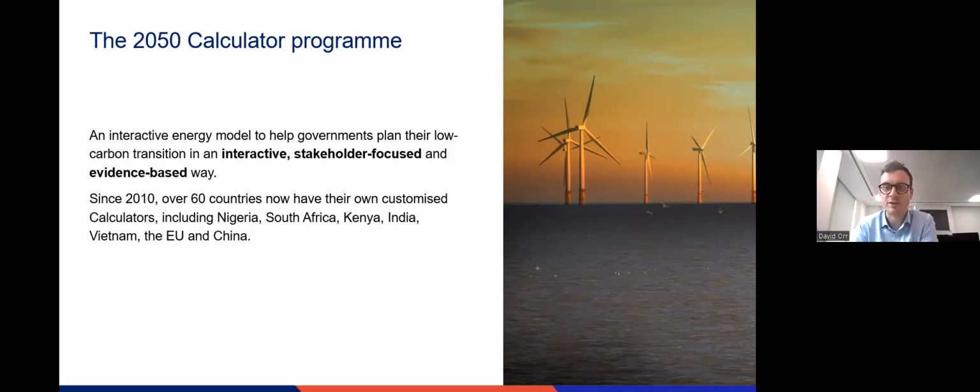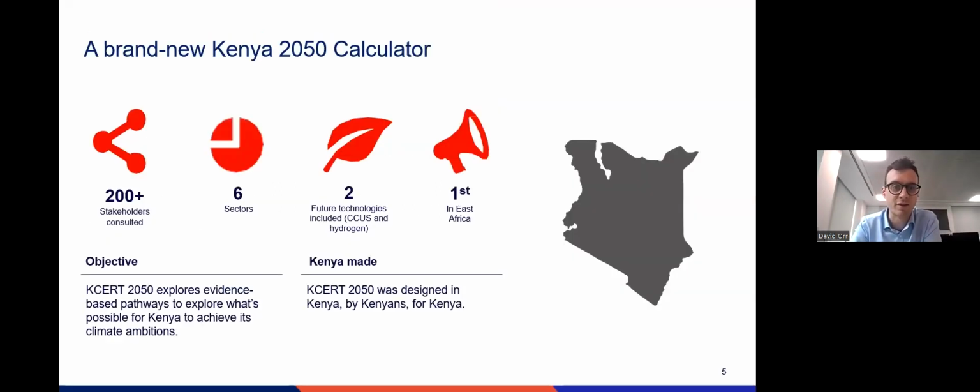And so if we just go briefly to the next slide, we can see what we developed in Kenya over the last couple of years. And I think it's really exciting to build upon what Peter mentioned there, that over 200 stakeholders were consulted. This ranged from energy transmission companies in Kenya to Kenya Airways to universities to NGOs. It was very, very broad. And part of this is also ensuring that we have the support of the key organizations that are involved.